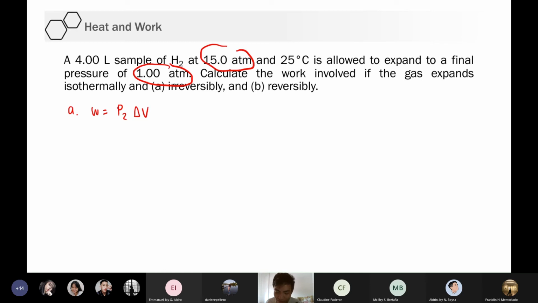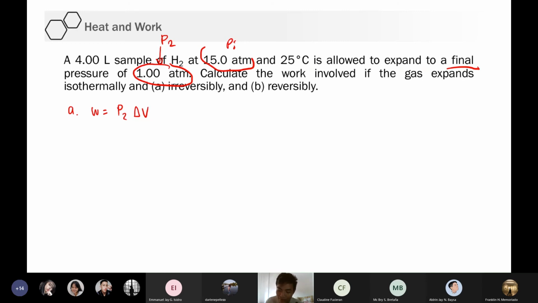Okay. Ganito. Ito yung pressure initial. Then, ang final pressure ay ito. Di ba sabi natin, ang P na ginagamit natin is the final pressure, the P external. So, ang gagamitin mo dapat ay 1 atm.